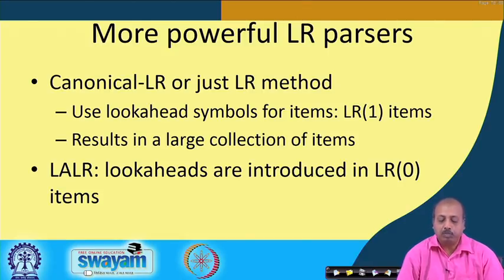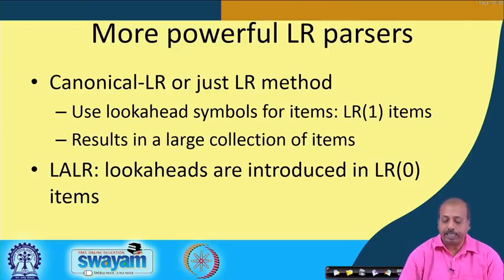In case of the canonical LR parser, we use some look ahead symbols for items. So they are called LR1 items, not LR0 items. From the current position, you do not only look at the current input symbol.